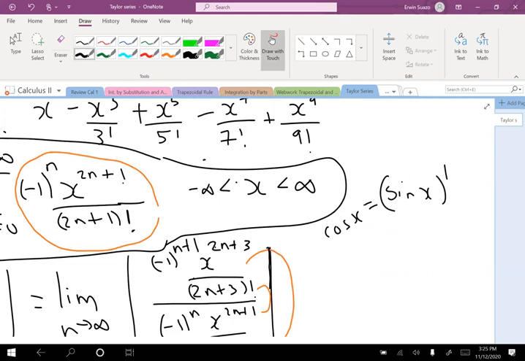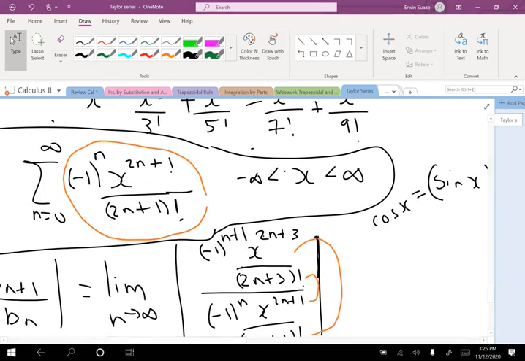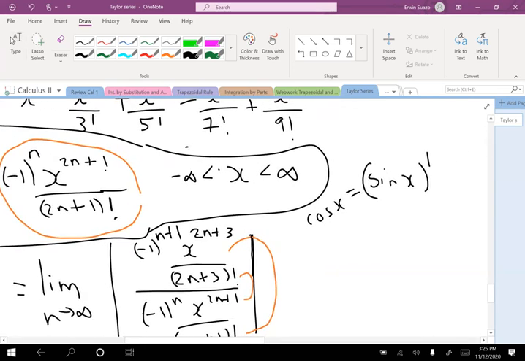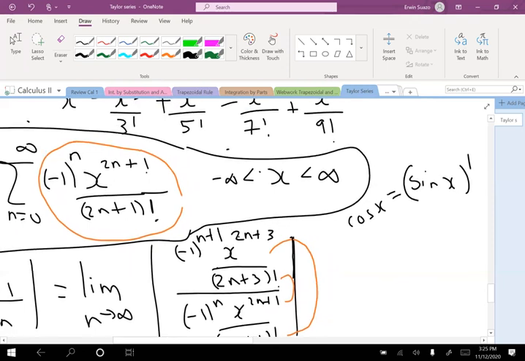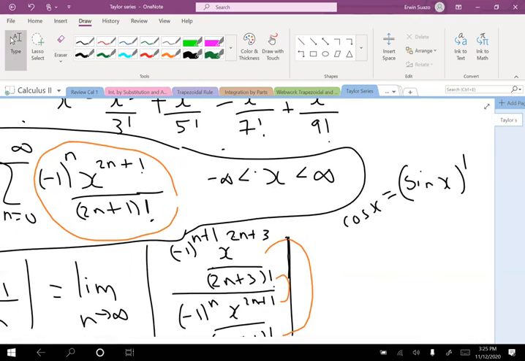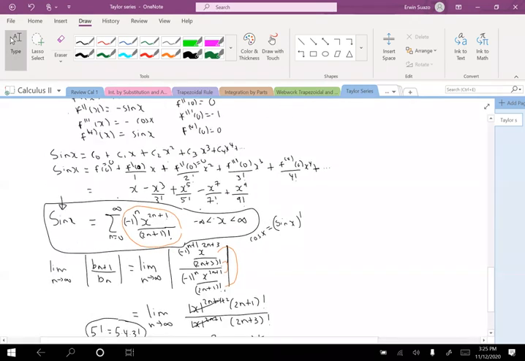Now the derivative of this, following what we learned, you just find the derivative term by term. Look at how easy it is. It's going to take me 30 seconds. So the derivative of this, I just need to go term by term.